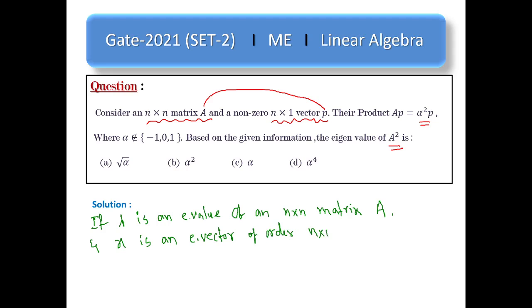Because the matrix multiplication A into x should make sense. A is of order n by n, so x is of order n by 1, therefore A into x makes sense.